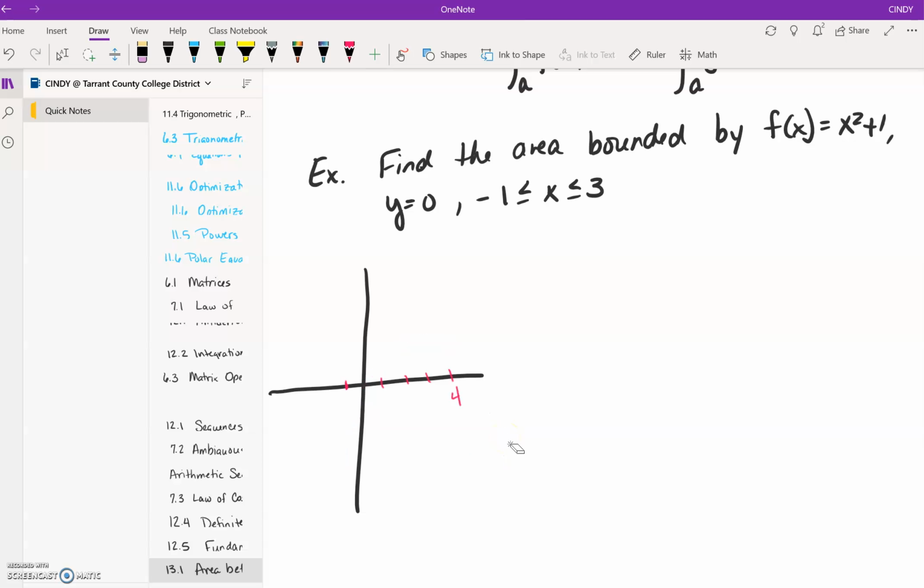Okay, let's try that again, because that's not the graph of that one. It was a graph of another one that I did. Anyway, this one is the graph of this, and between -1 and 3, my bad. We're looking for the area in here.